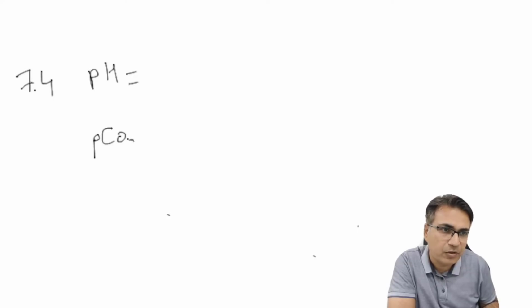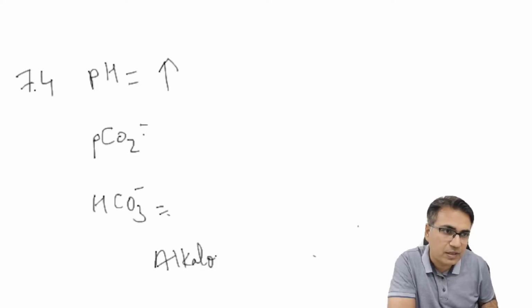Now again, understand this. First you have to look at the pH, whether it is increased or decreased. Normal is 7.4. Then you have to look at the PCO2 level and bicarbonate level. If the pH level is increased more than 7.4, then it must be alkalosis, right? PCO2 level normal is 40 and bicarbonate level is 24.